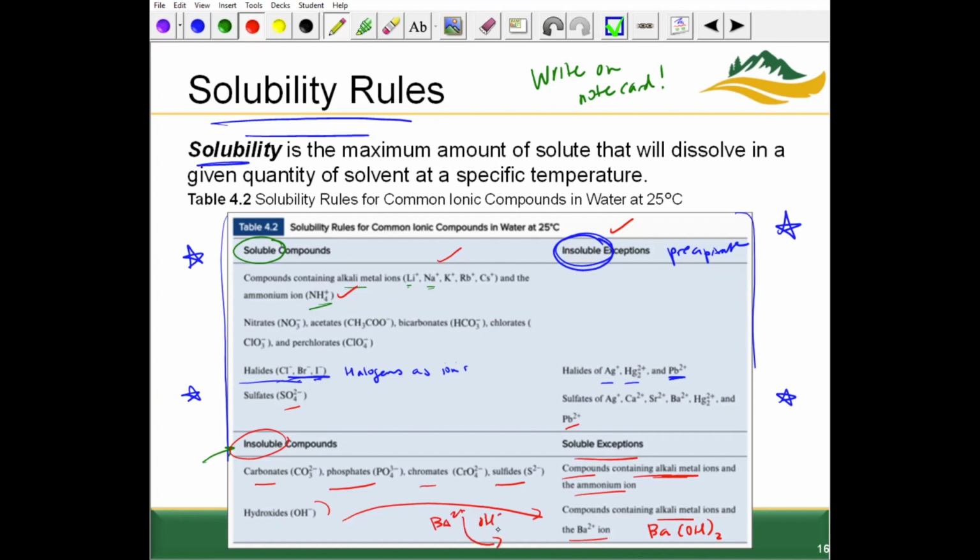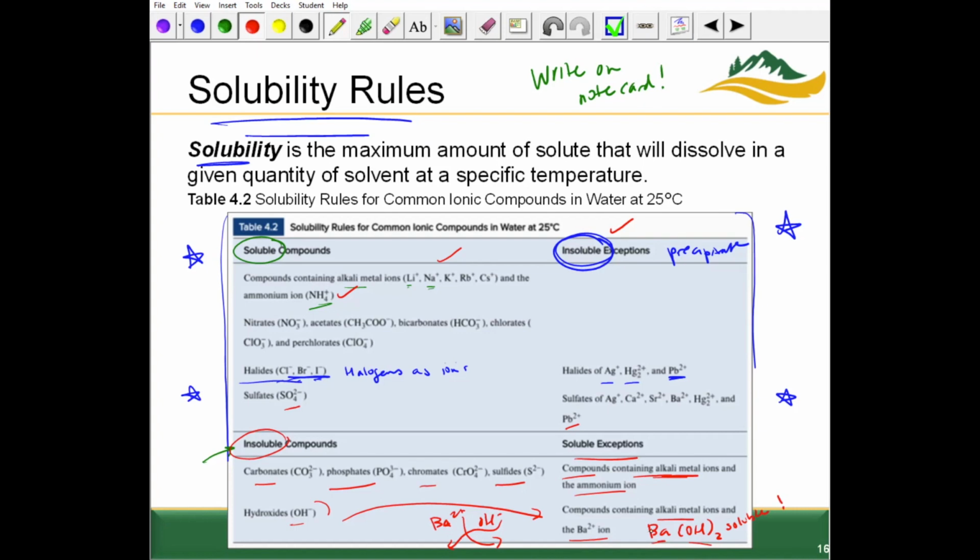That 2+ comes down here, -1 here, to make this chemical formula of Ba(OH)2. This chart is saying that it contains hydroxide, so you might think it's insoluble, but these soluble exceptions include barium. So barium and hydroxide, this whole thing is soluble.